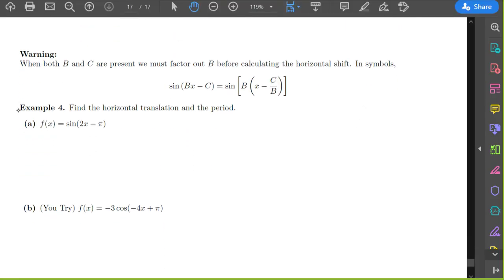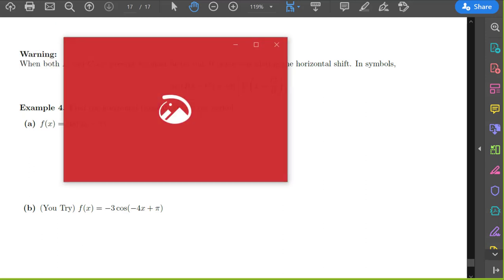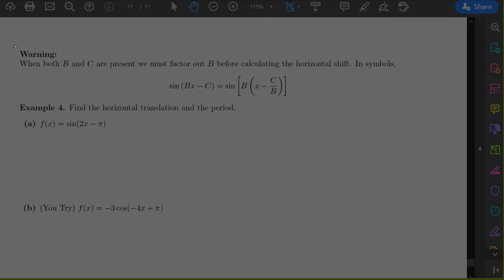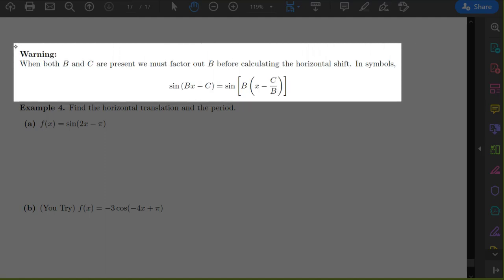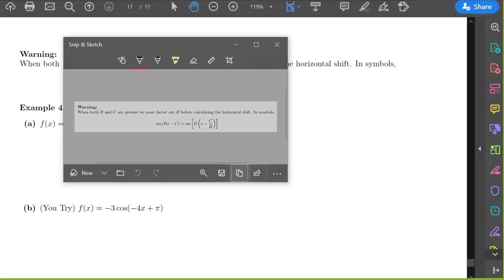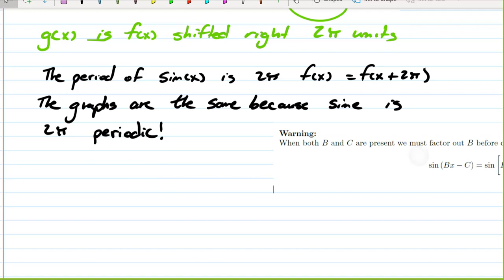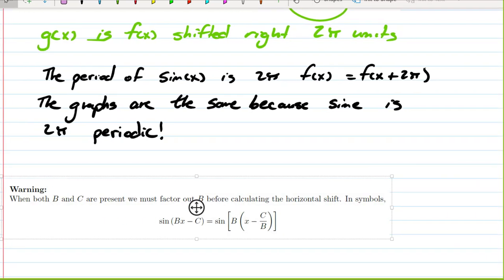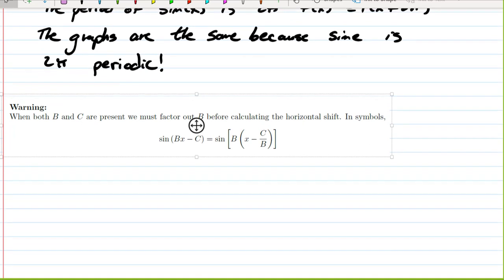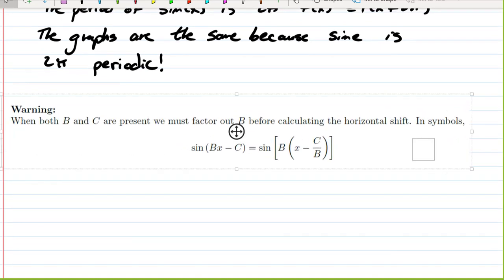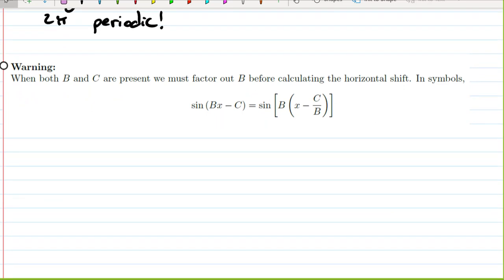All right. So now, before we talk more about horizontal shifting, there is a warning that we need to take heed of. If our graph has both a horizontal stretch or shrink and a horizontal translation, we have to do some algebra before we can identify our shifts and stretches. When both b and c are present, we must factor out b before calculating the horizontal shift.